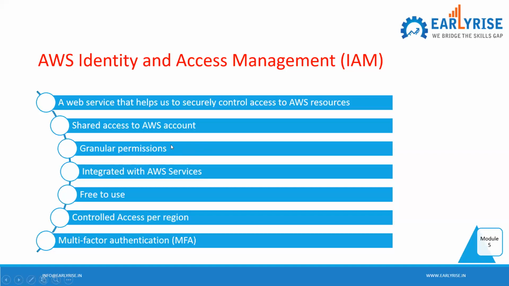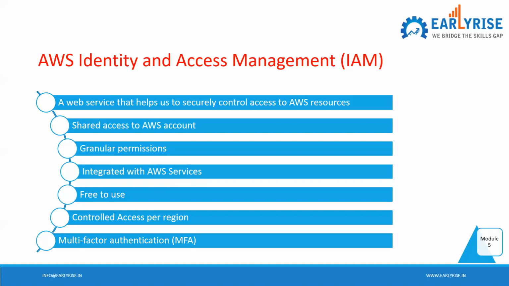So the permission would be granular. You understood this point? Granular permission, right? Prashant? Pradeep? Yes, Harish. Yes.